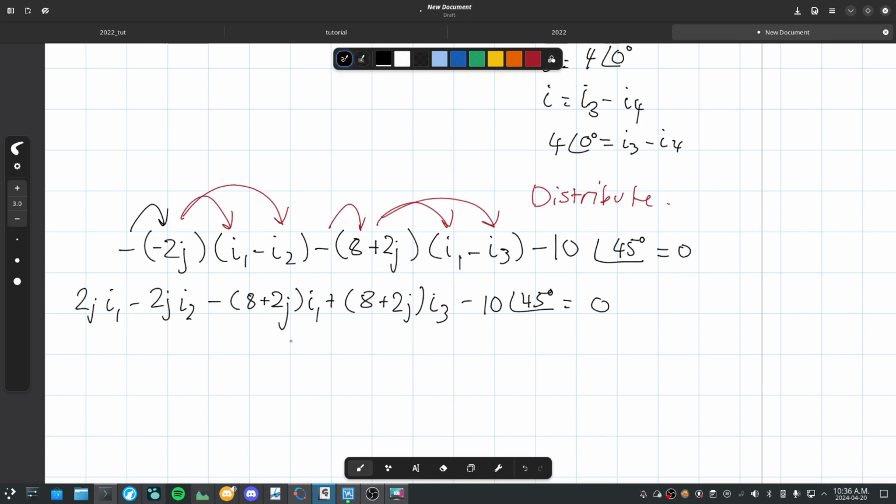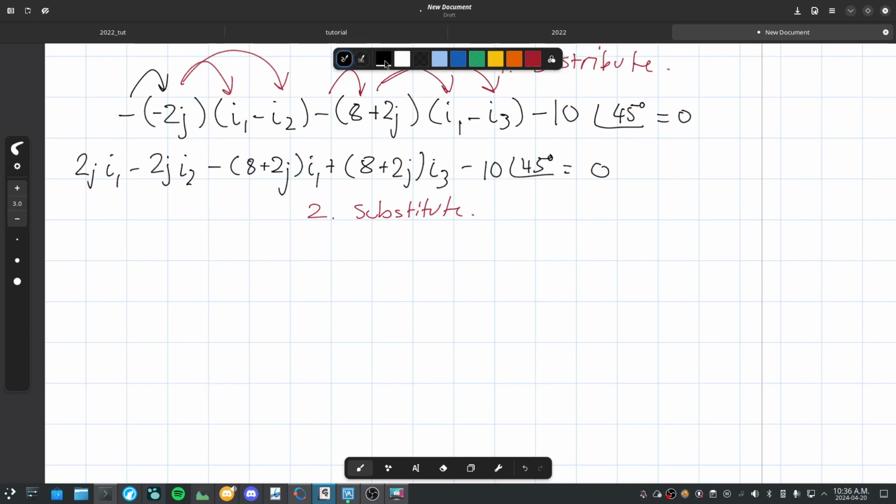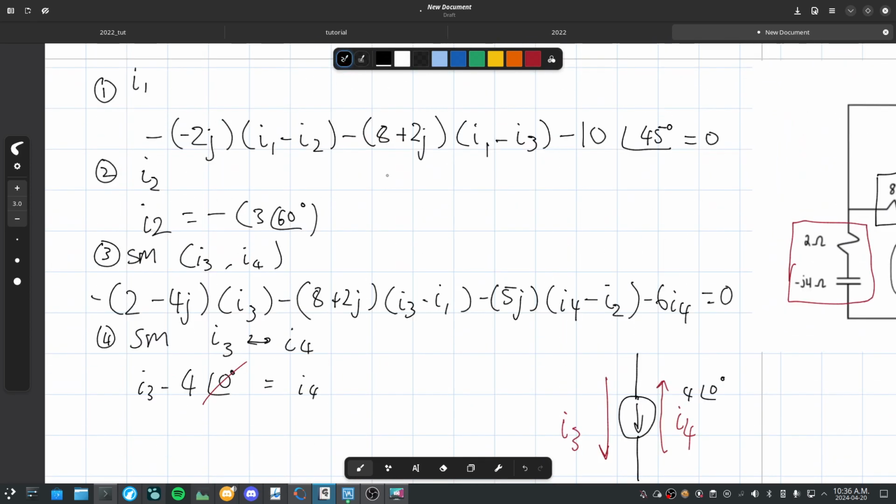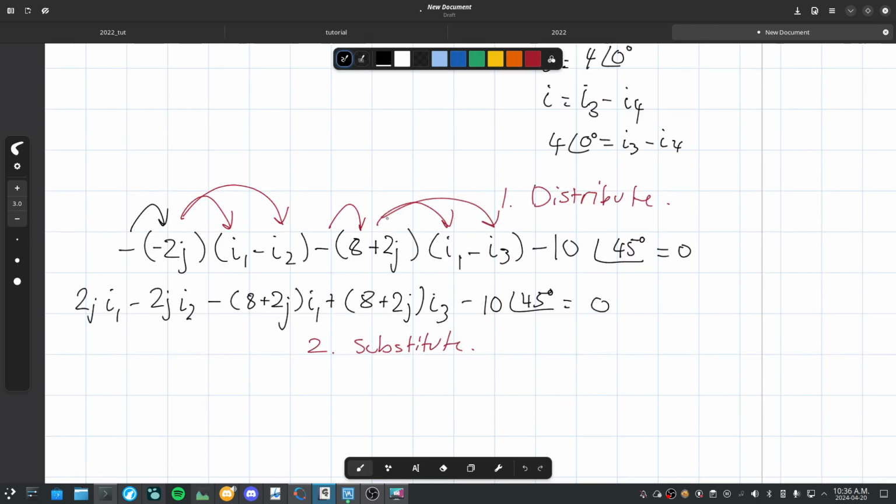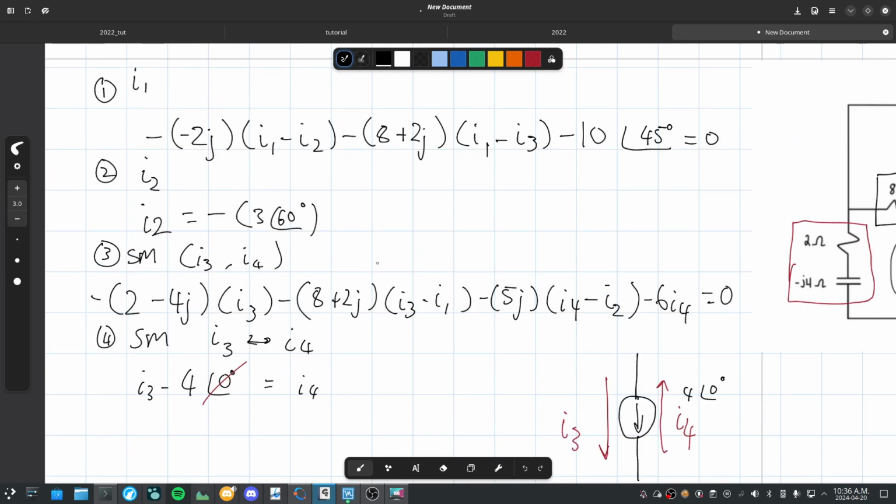And now, the second step here, so this is 1, distribute. Second step is substitute. We know from the equations up here that I3 minus 4 is I4. So we're going to replace any instances of I4 in here. There are none, so we can skip that step.